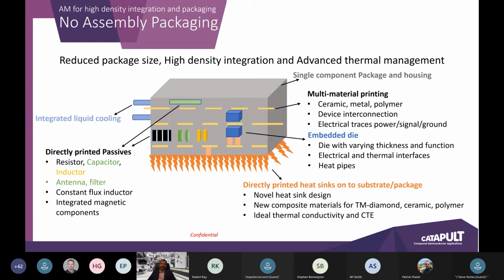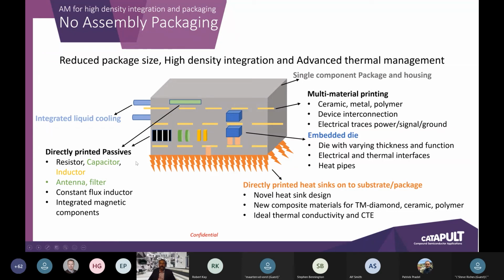Another area would be, can we directly print the heat sinks rather than manufacturing them separately and attaching them? If we directly print them, that is going to reduce the interfaces and also save time to get the advanced packages. So novel heatsink design and also new composite materials we are trying in packaging are diamond, ceramic, and polymer composites.